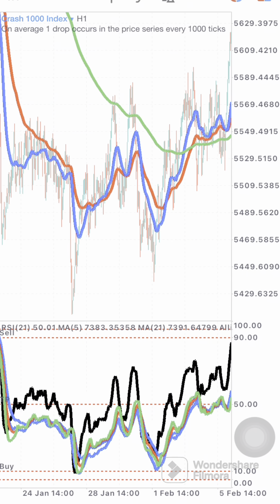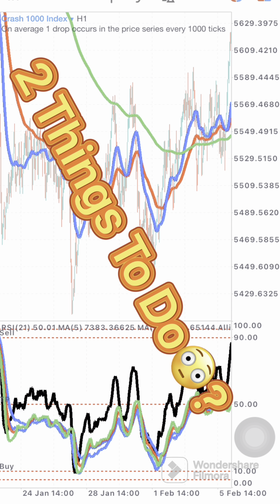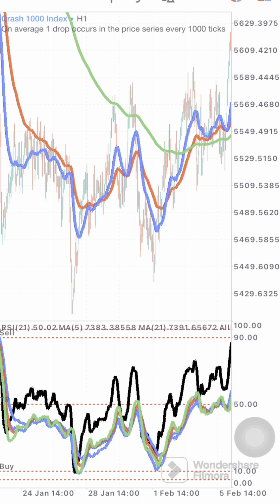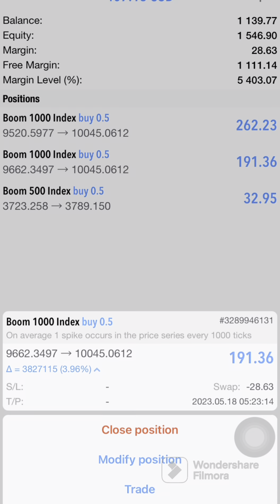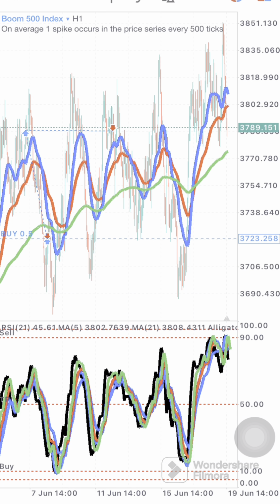Let me give you 2 things you need to do before you start using this strategy. Number 1, you need to make sure you understand the meaning of price action. It's very, very important.